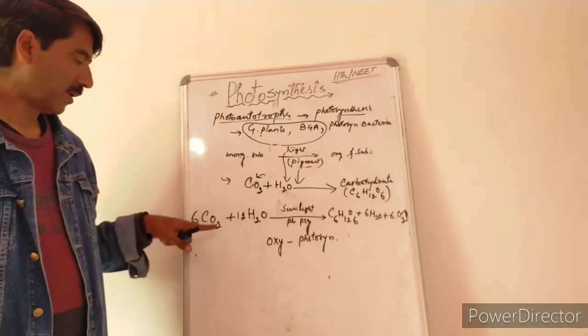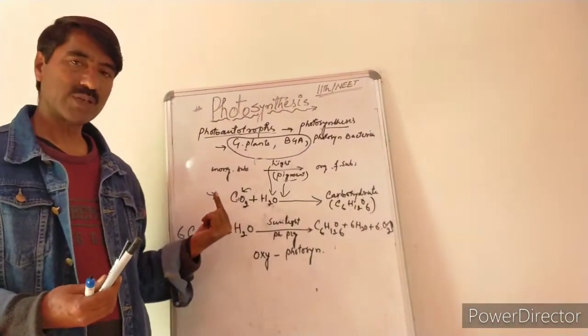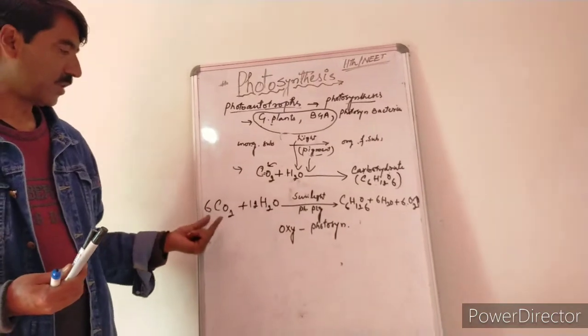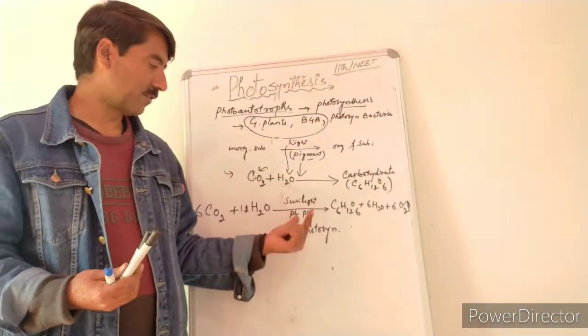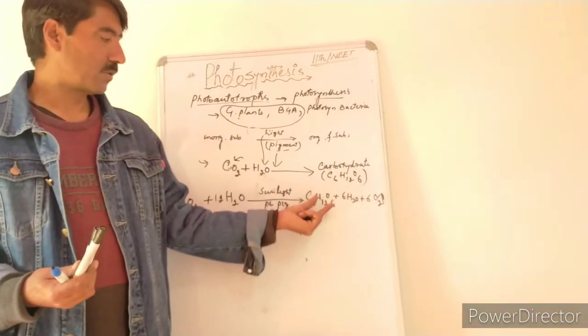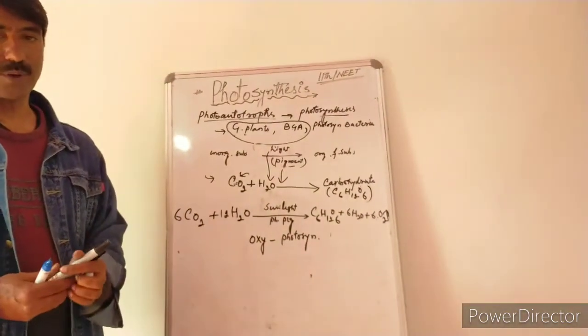So in lower classes we take the definition of photosynthesis as the process in which carbon dioxide and water combine in presence of sunlight and photosynthetic pigments to produce carbohydrates and evolve oxygen as a byproduct.